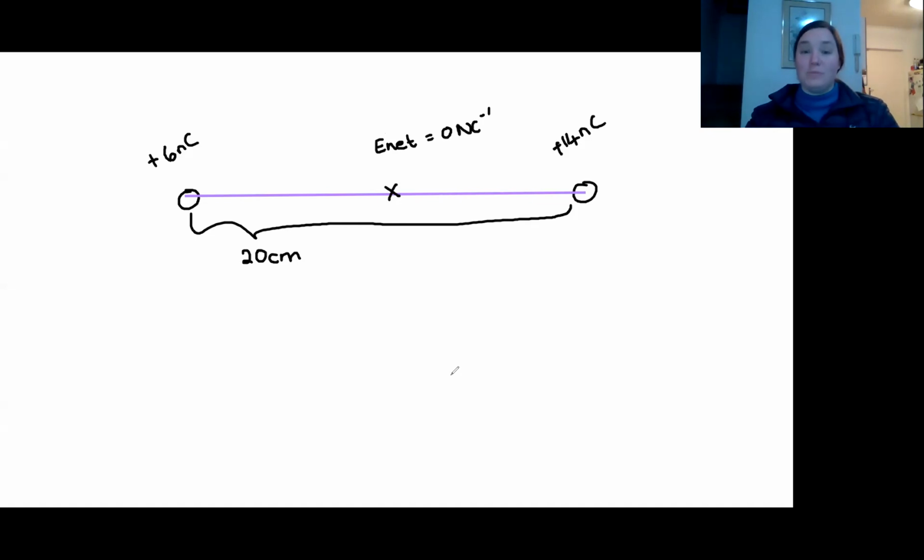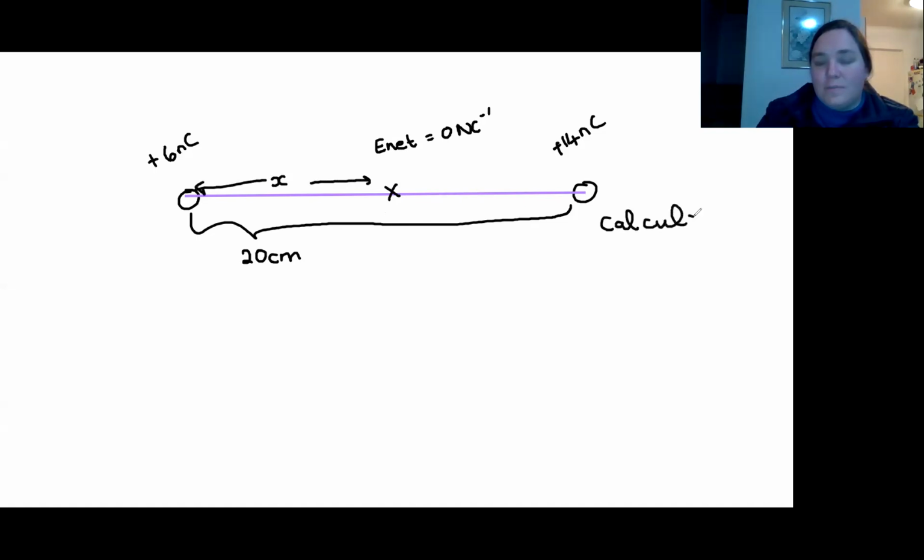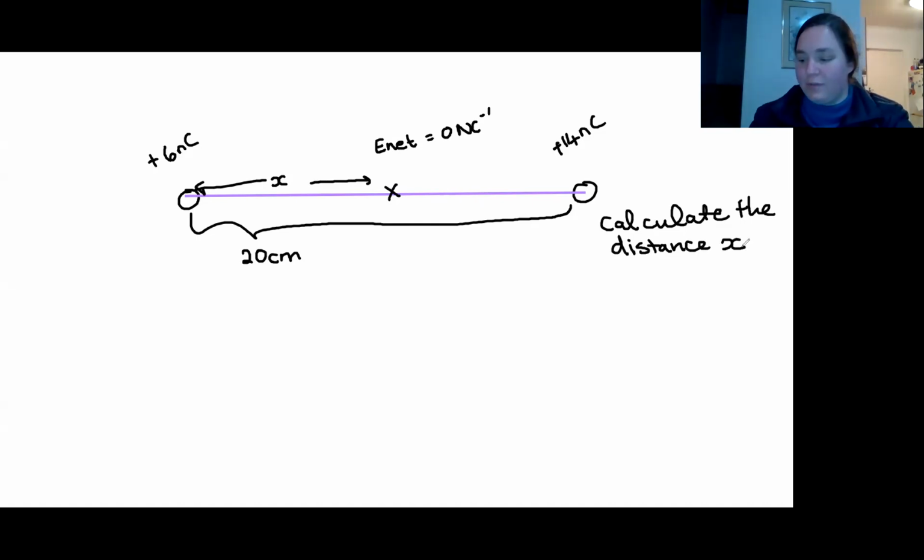But I'm going to specifically tell you that there's a specific position between these two. Quite often they're nice and they'll tell you that this is the distance x, and then your question will be to calculate the distance x. I'm going to give you just a second to quickly take a screenshot if you need to.